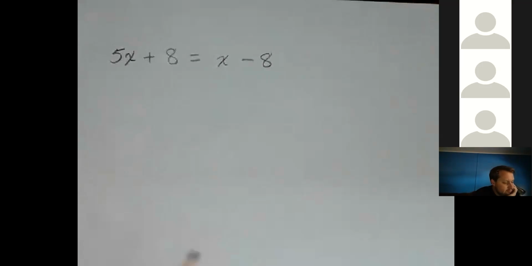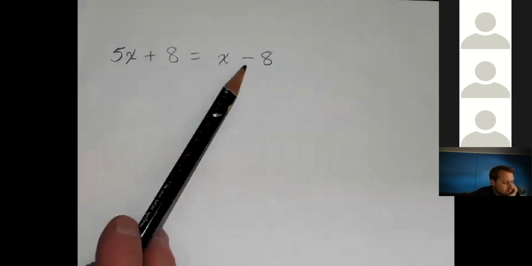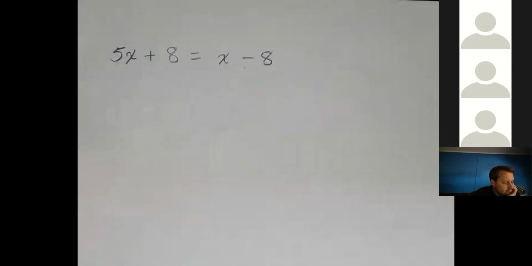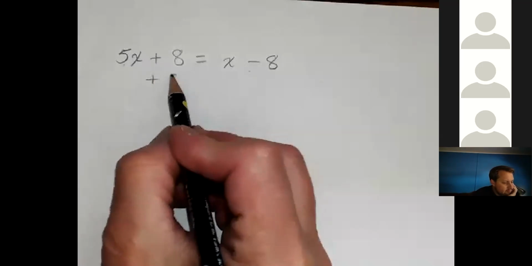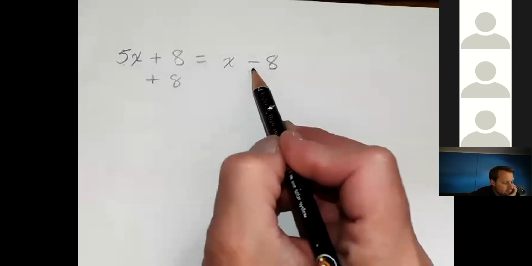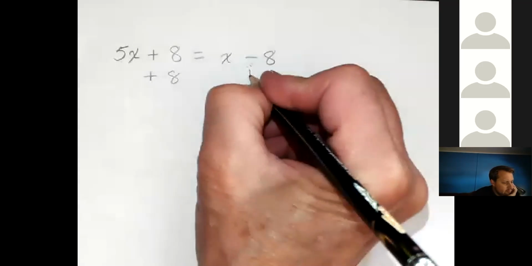Okay, we have multiplication, addition, and subtraction. Kevin, you seem to have a really good sense of what to do first that would make it look simpler. Minus 8 or plus 8? You want a plus 8 because we hate this subtraction stuff, don't we?